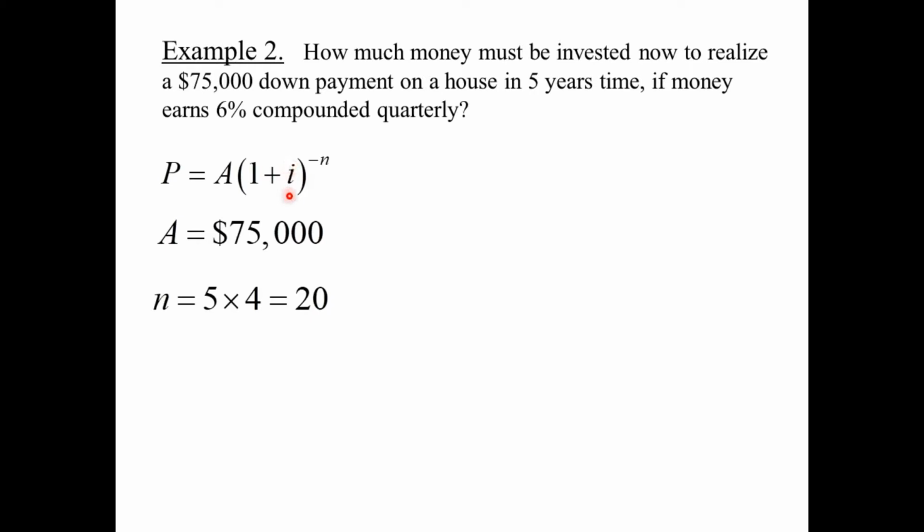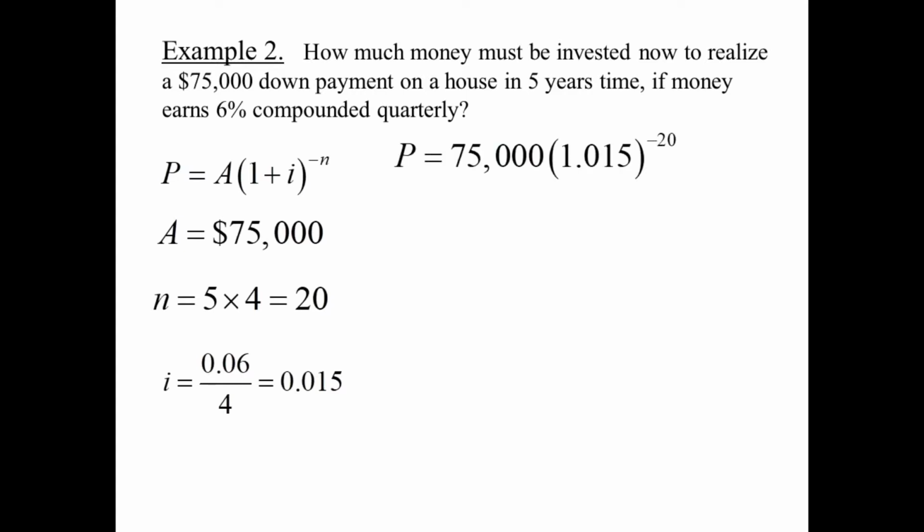Meanwhile, i is calculated in the familiar way. i is equal to the interest rate as a decimal divided by the number of compounding periods in a year. So i will be 0.06, because that's 6%, divided by 4. And so i is 0.015.